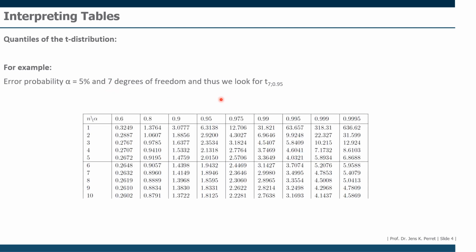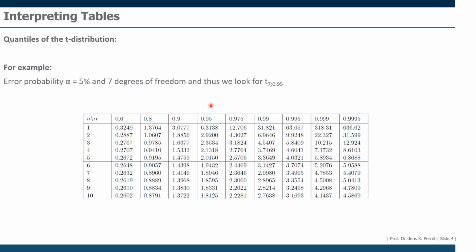So in the table for the t-distribution, we also find values for the rows and values for the columns. Let's start with the column values. The column values, that's actually the last of the 2 values. So in this case, for example, 1 minus alpha, or with 2-sided confidence intervals, 1 minus alpha half, something like this. So here it's 0.95.